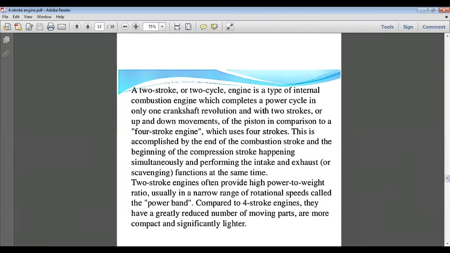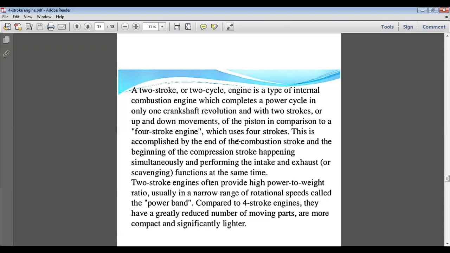A 2-stroke engine or a 2-cycle engine is a type of internal combustion engine which completes a power cycle in only one crankshaft revolution, with 2 strokes or up and down movements of the piston, in comparison to the 4-stroke engine. We will do that comparison in detail ahead.